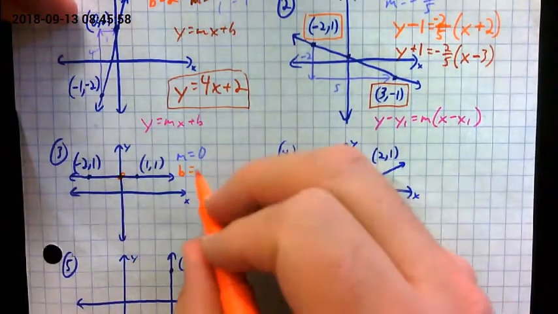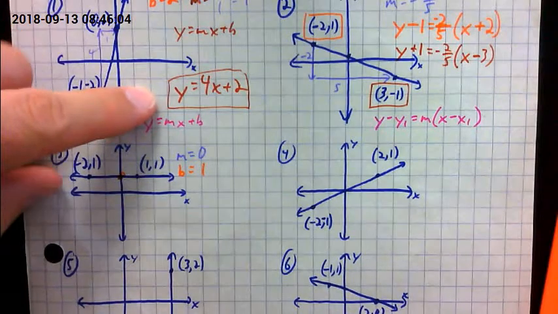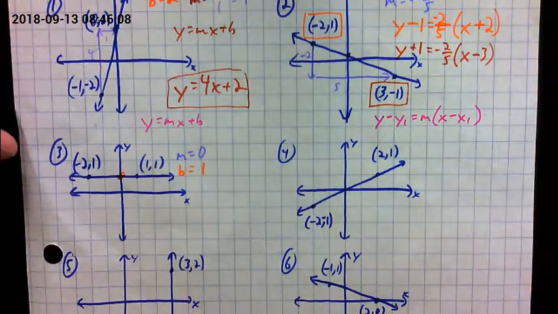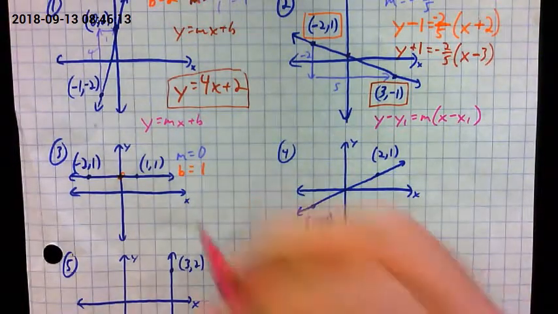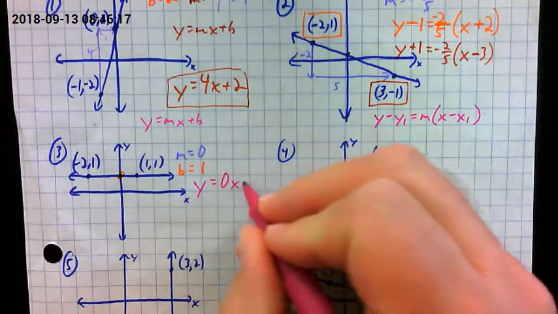It's at 1. So, we have a slope of 0, a y-intercept of 1. So we can easily write this in slope-intercept form. What would our equation be? Y equals 0x plus 1.